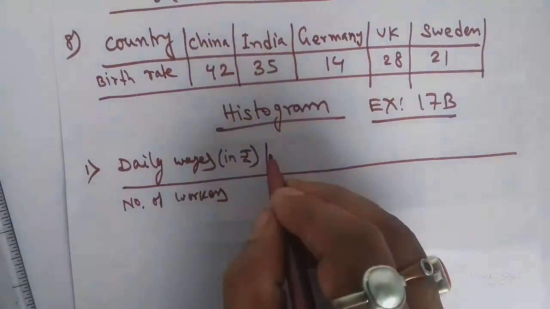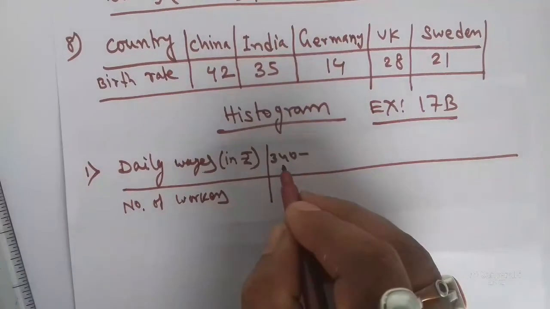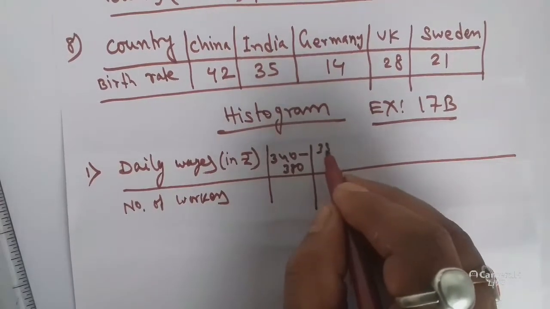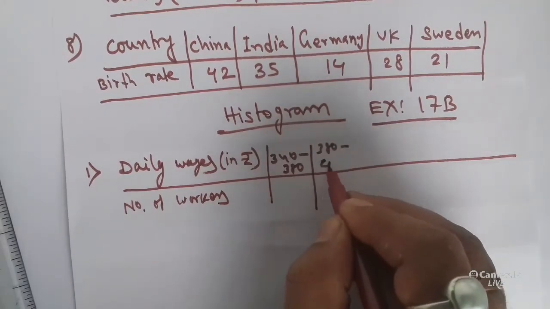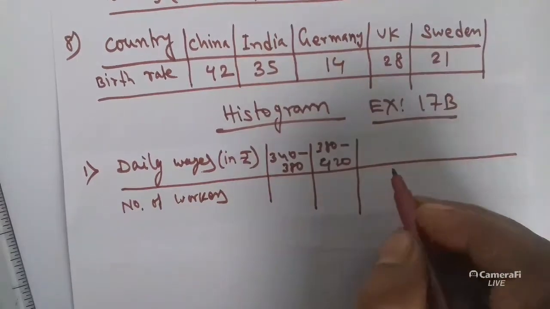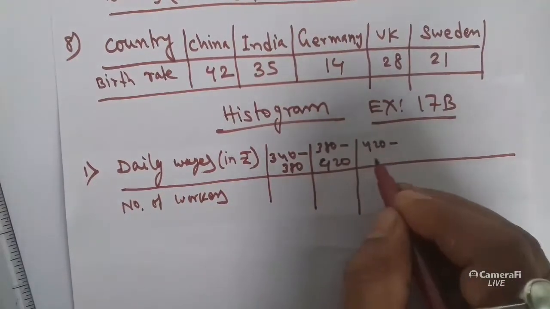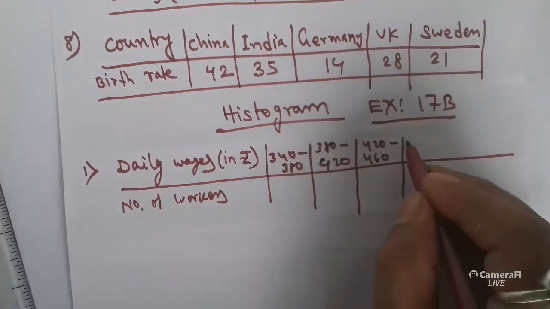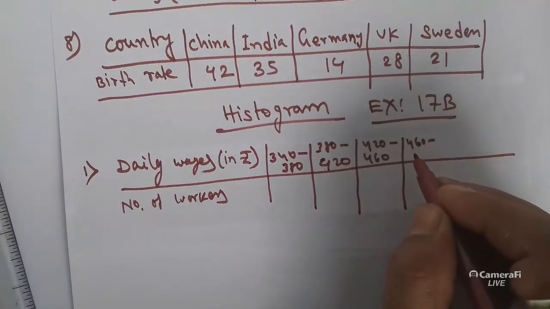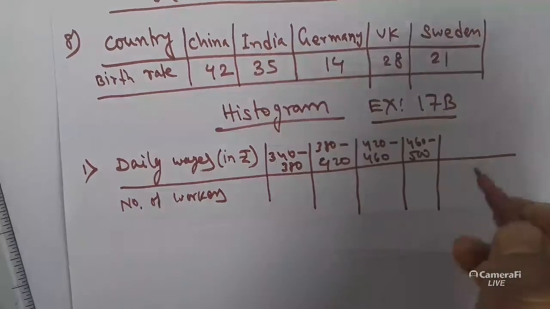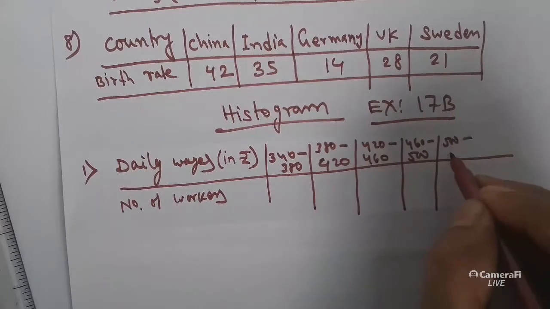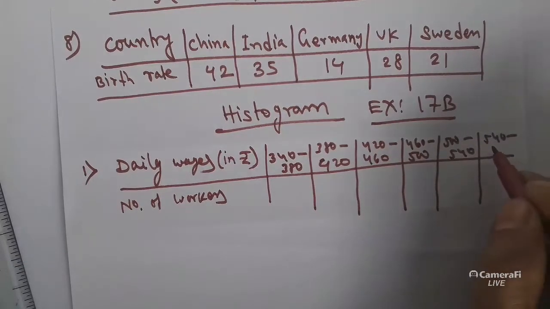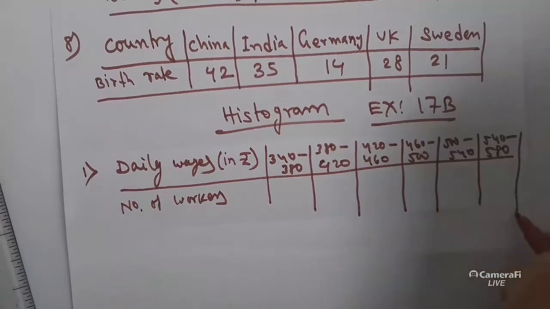So first one is 342, 380, second 382, 420, 422, 460, 462, 500, 502, 540 and 542, 580.